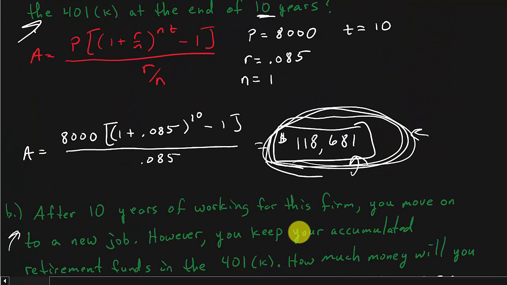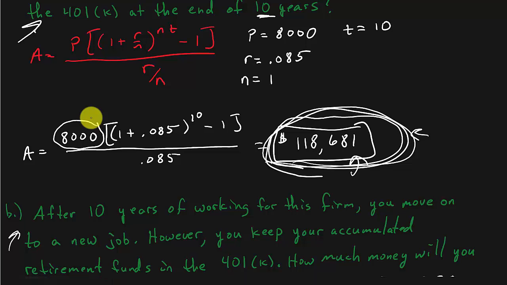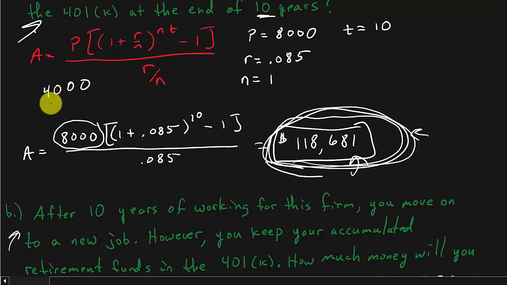You might be thinking, well, the payments were $8,000 at the end of each year. And that's true, they were. But remember, only 4,000 of it was the amount that you put in, and the other 4,000 was the employer.